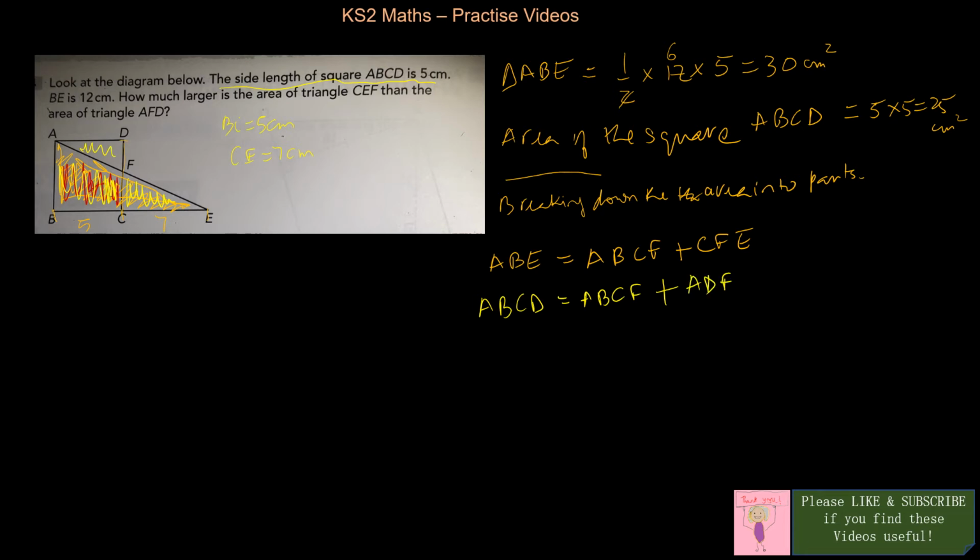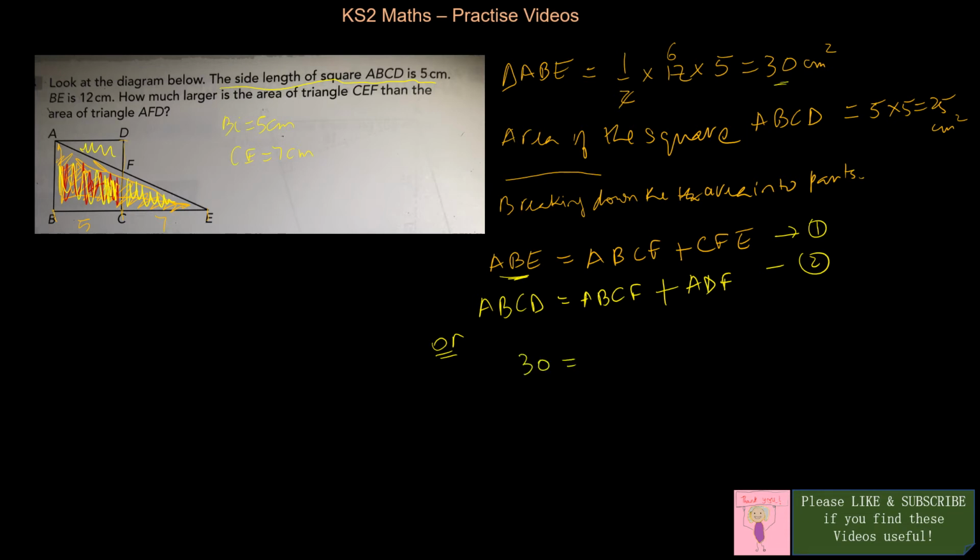Okay, so if we call these equations 1 and 2, we can also rewrite the equations as ABE equals 30.